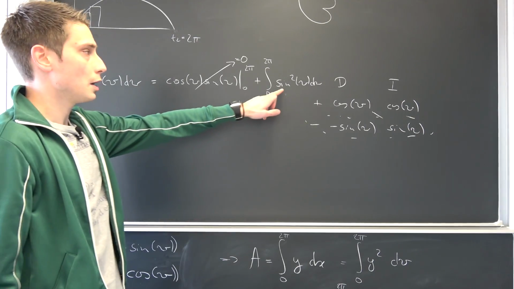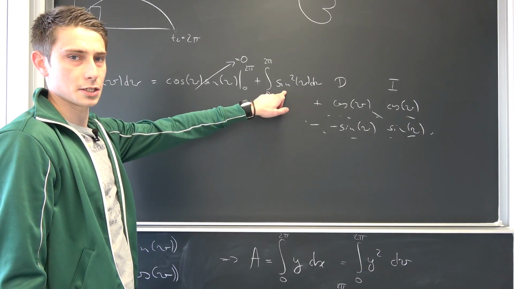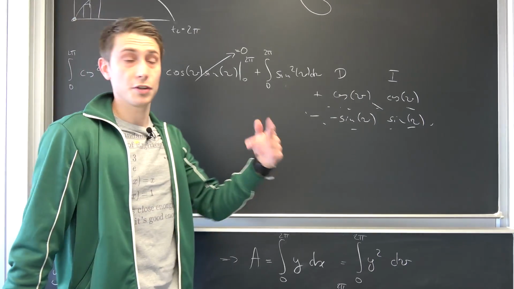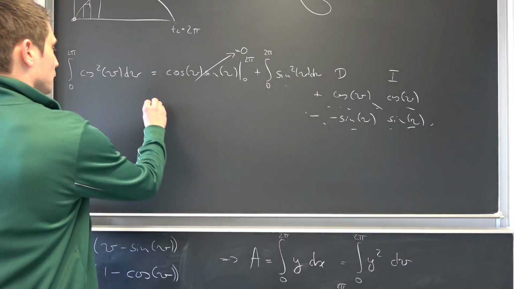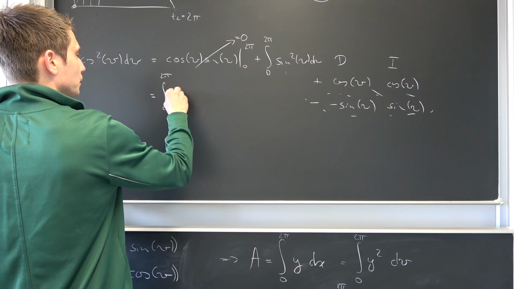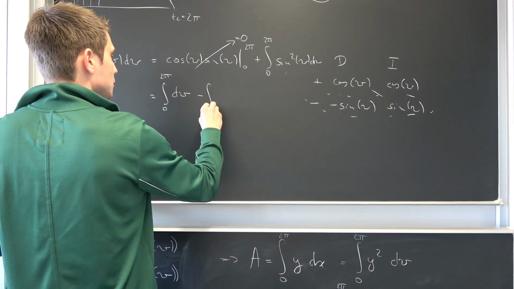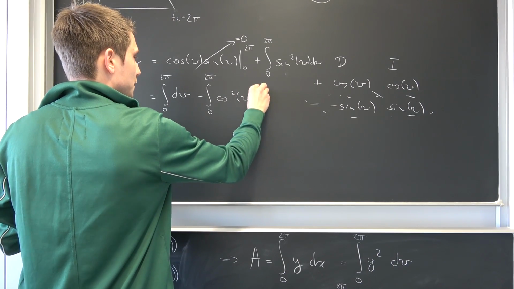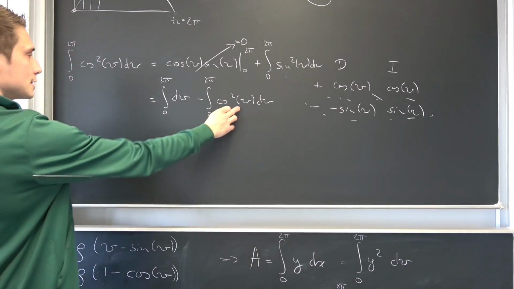Otherwise, what we can do, we can turn this sine squared into 1 minus cosine squared using the fundamental theorem of trigonometry. Meaning we are going to get an integral from 0 to 2 pi of d theta minus an integral from 0 to 2 pi of cosine squared of theta d theta. And as you might notice, this and that is the same.